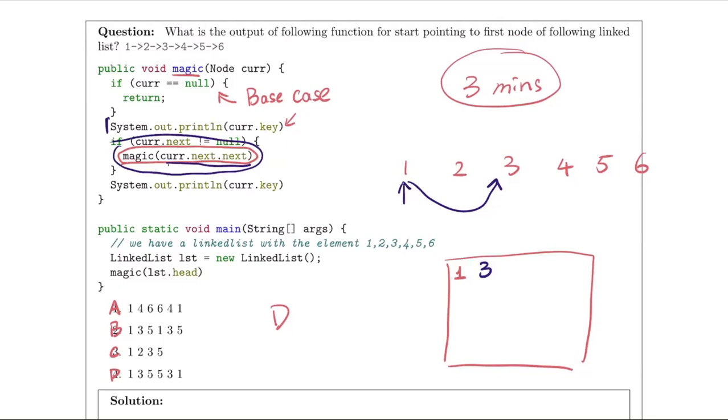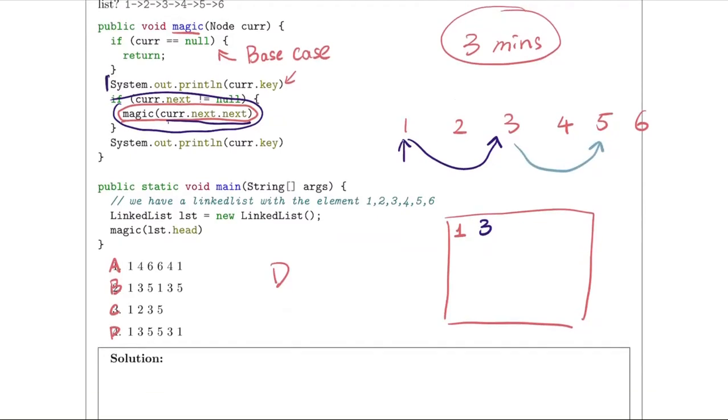I will use a blue one. So I step to 5, and then I read 5.